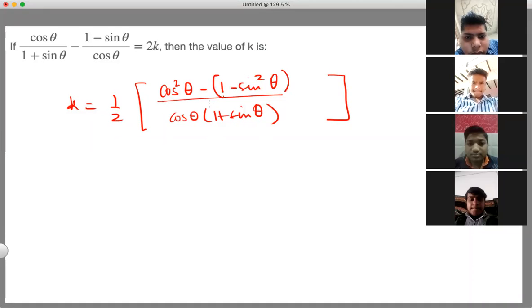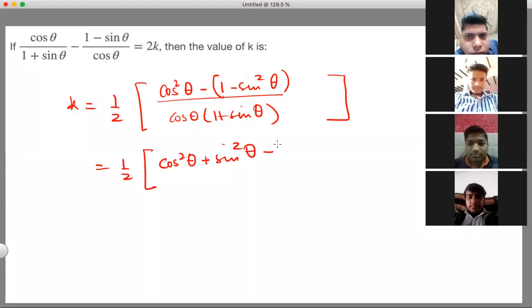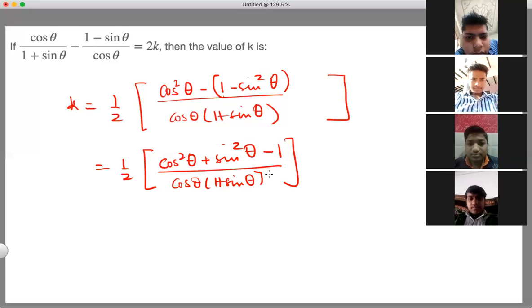Yes, the value will be 0. Now this will be half of cos square theta plus sin square theta minus 1 by cos theta times 1 plus sin theta. The numerator is 0, the denominator is not 0, so the value is 0.